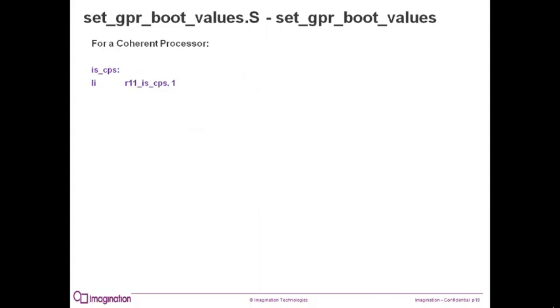If the code determines that it is executing on a coherent processor, it sets GPR11 to 1 to indicate that we have a coherent processor. R11 is CPS, and will be used in several places in the code to branch to the appropriate execution path. The coherent processing system contains a structure that determines the configuration of the system.